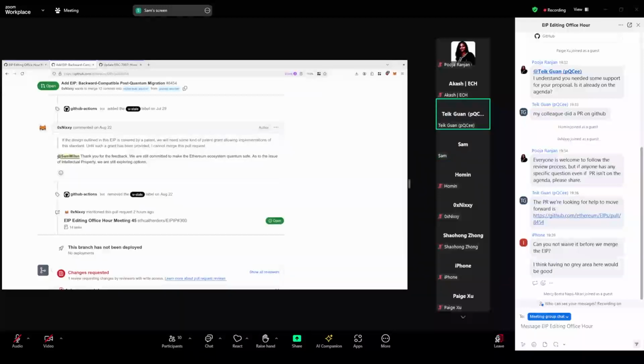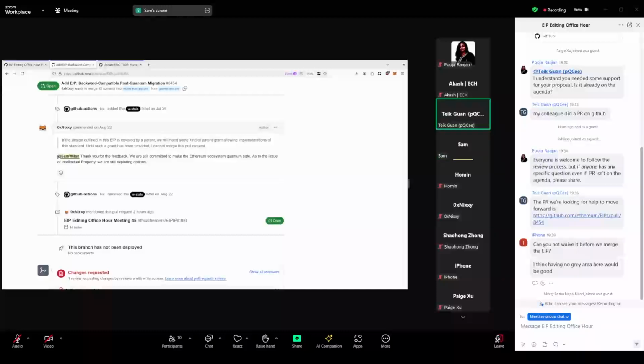Maybe I turn the question the other way around. When people submit an EIP, maybe they were infringing on someone else's design that they never knew about, and this got into the process. How do you then resolve something like this? It hasn't come up before, and if it does, then we'll figure out how to deal with it at the time.